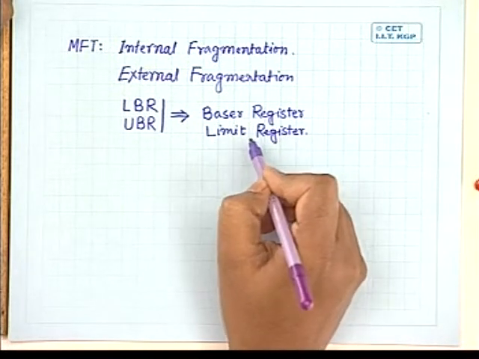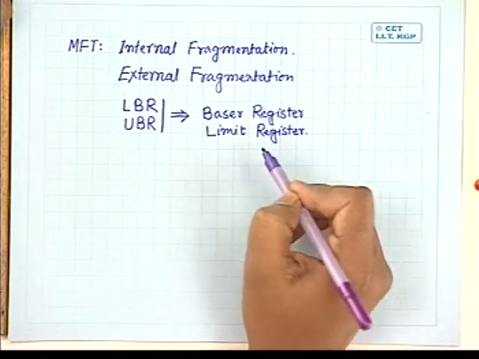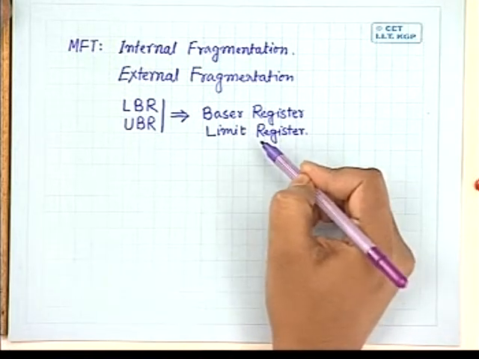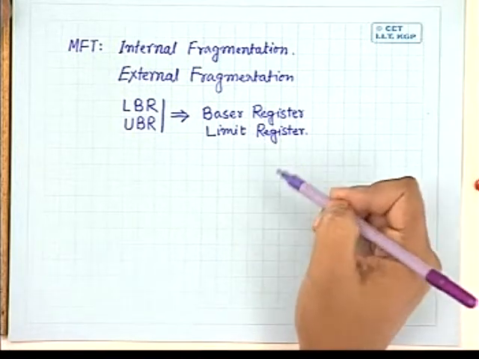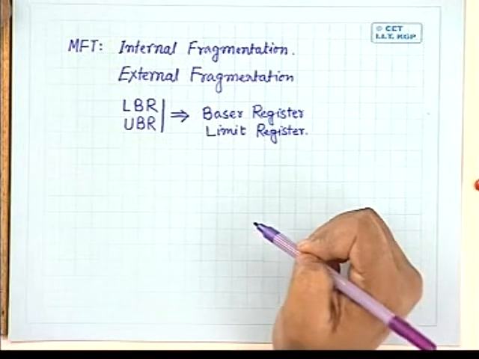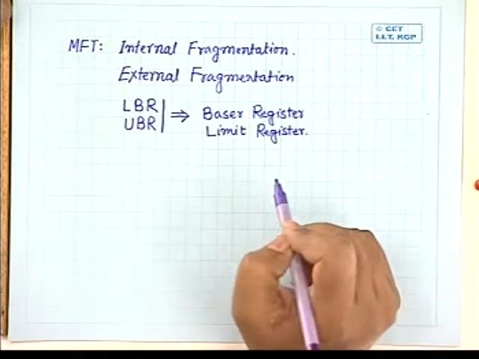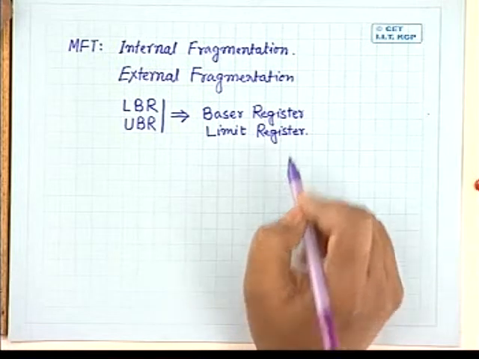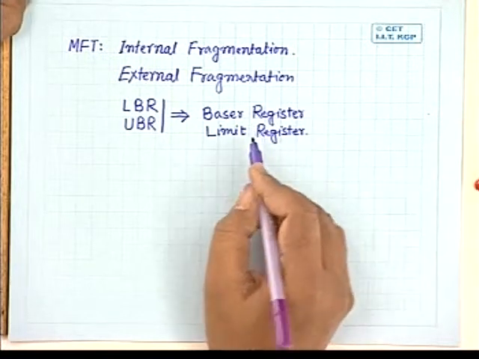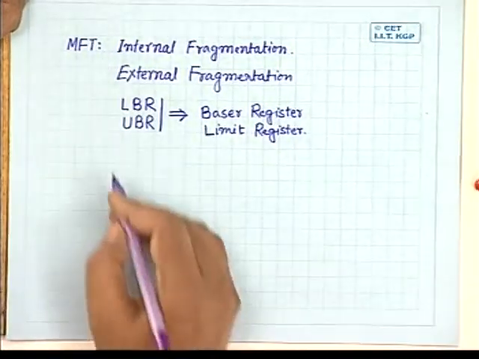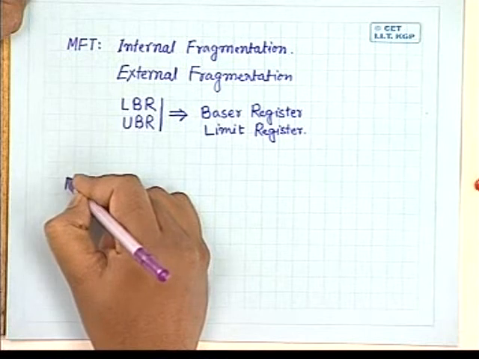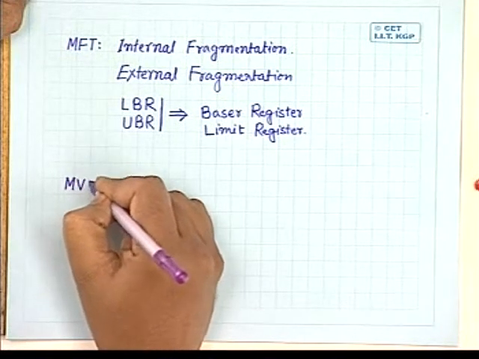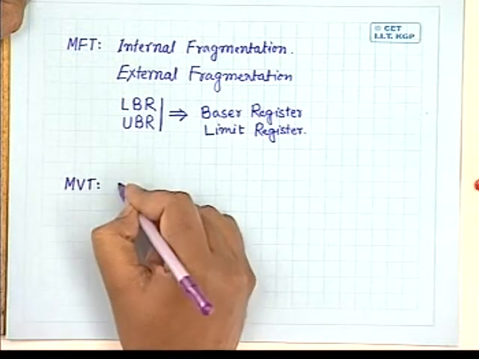If the logical address exceeds the limit register content, then again we assume that the process is trying to access some partition which is not actually allocated to this particular process, so the process has to be terminated.